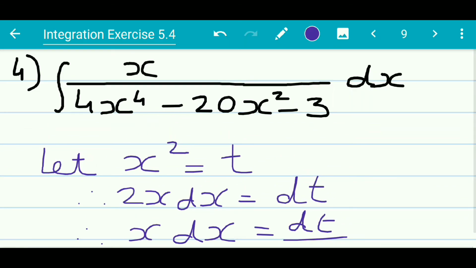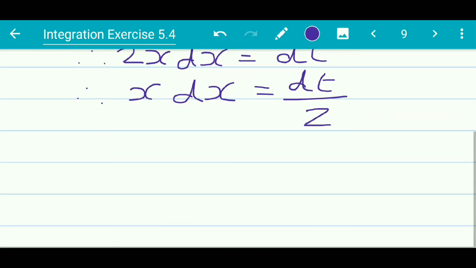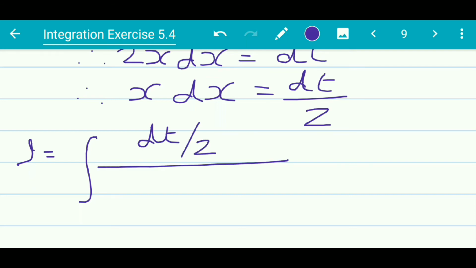In the question, x dx becomes dt by 2, and 4x raised to 4 becomes t square, because x square is t, so x raised to 4 becomes t square. So our integral I becomes the integral of dt by 2 upon 4t square minus 20 t square is given.